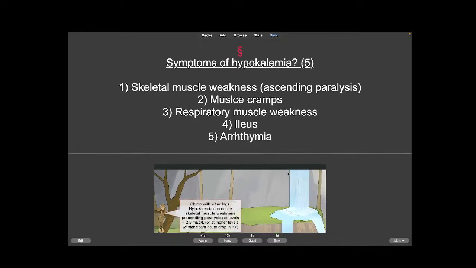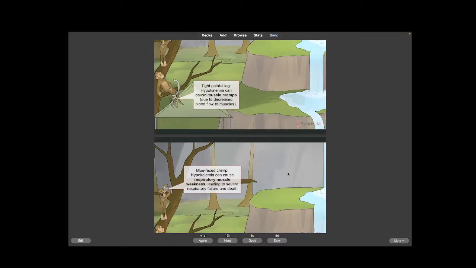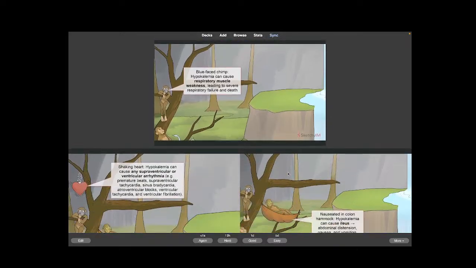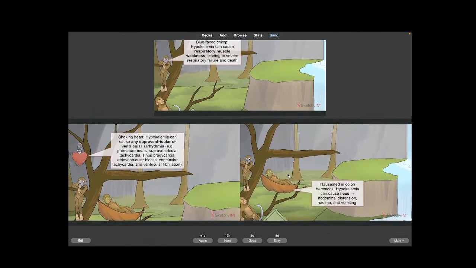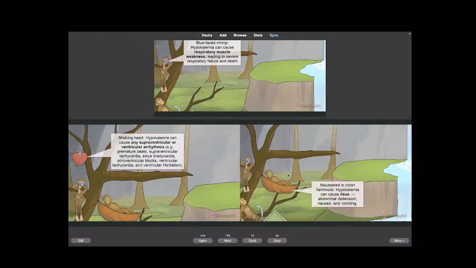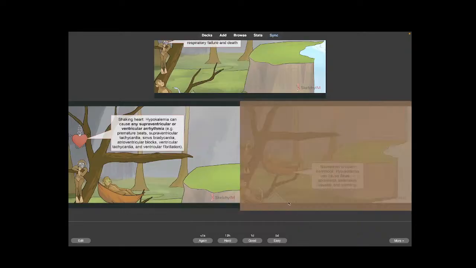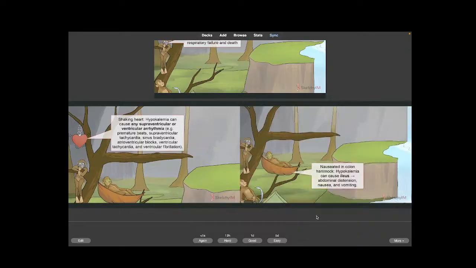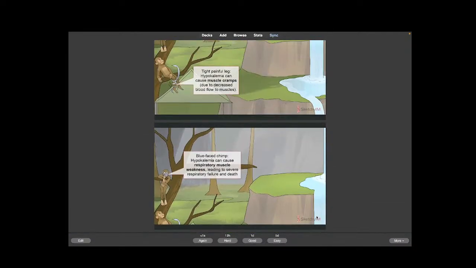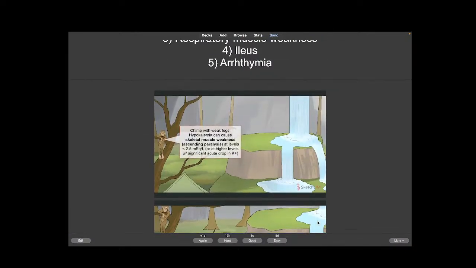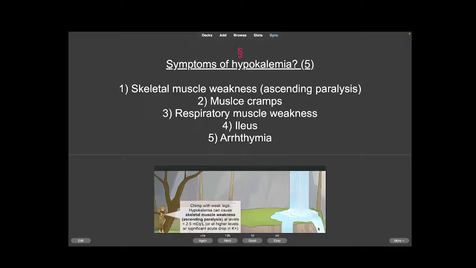What's the other thing? Respiratory muscle weakness. Any supraventricular, ventricular arrhythmia. Hypokalemia can cause ileus. There's ileus, supraventricular arrhythmia, muscle weakness, muscle cramps, and ascending paralysis.